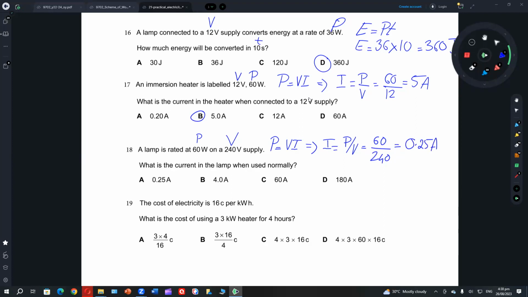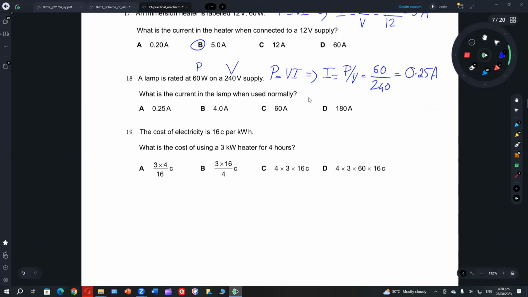The cost of electricity is 16 cent per kilowatt hour. What is the cost of using a 3 kilowatt heater for 4 hours? It's for billing purposes. When you make a bill for electricity, you have to multiply the cost by the kilowatt hour. Kilowatt hour is a unit of energy. Now you have a 3 kilowatt heater, and time is 4. Now how do we calculate energy?